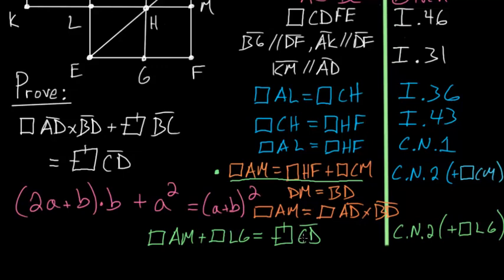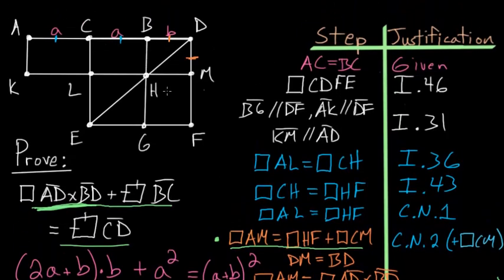And notice we pretty much have our proof now, since if we compare what we were trying to prove to what we have, this rectangle here on AM is contained by the lines AD and BD, which is exactly what we want. So we have this part of the equation we're seeking, and this square on LG. So let's take a closer look at this square here.